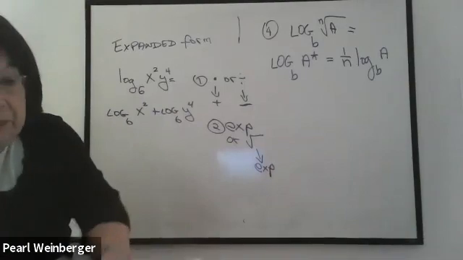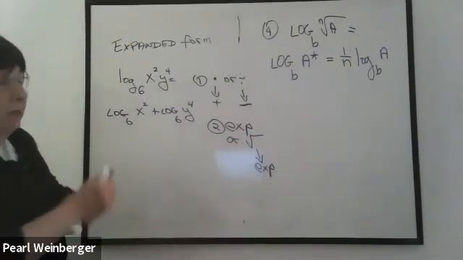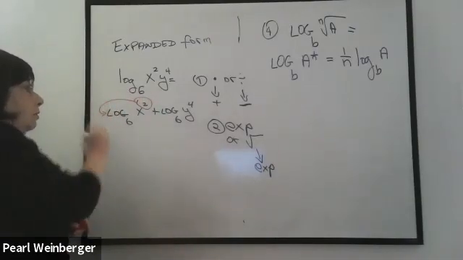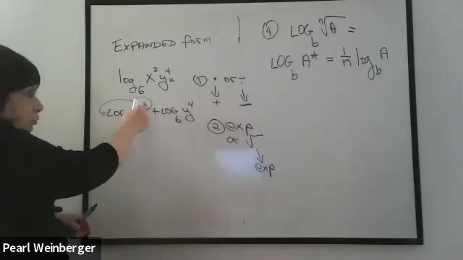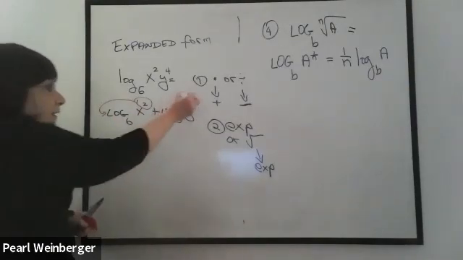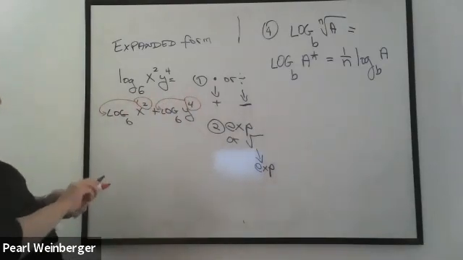When I have an exponent, what I do is I take that exponent and I make it into the coefficient. So here the 2 is going to be the coefficient. It's going to be what we're multiplying the log of x by. And this has an exponent of 4, so that's going to become the coefficient over here.